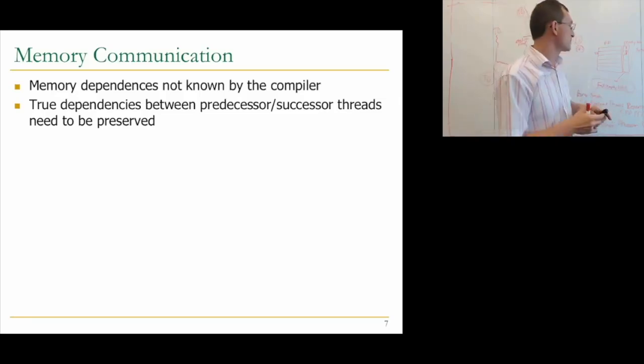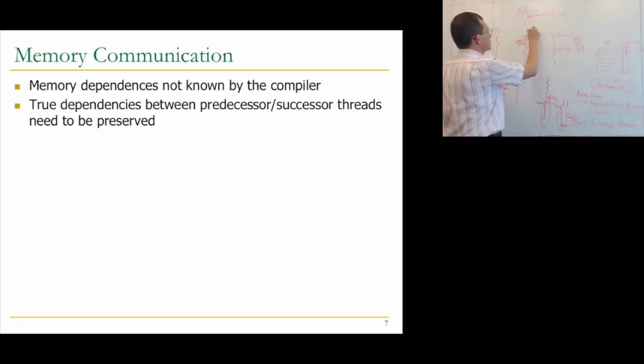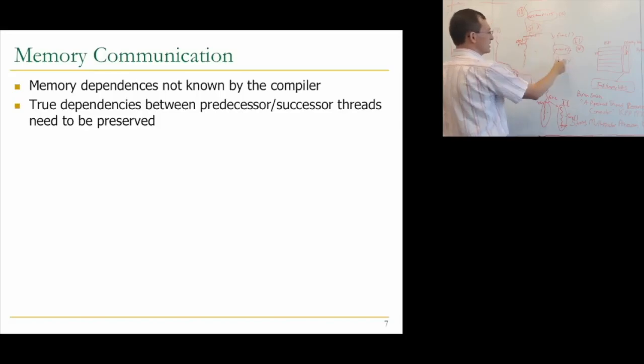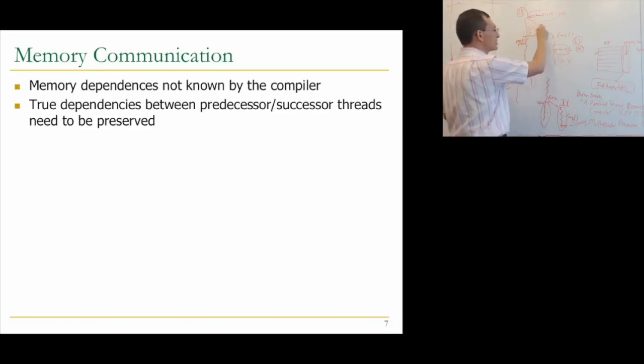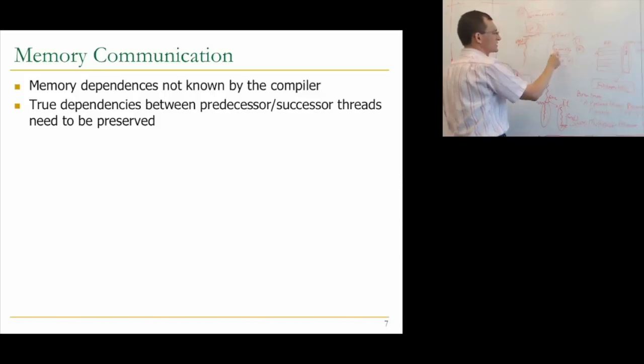But if you're speculatively parallelizing the program, you would like to know if there's a store here and if there's a load here, if this store and load actually overlap, right? Because if this load actually overlaps with this store, when you're executing this in parallel with this portion of the program, you would like to know that this load actually gets the correct value, and it actually doesn't get the stale value.